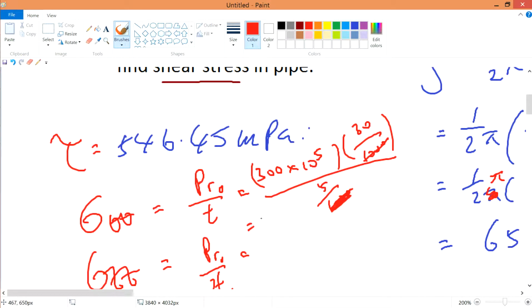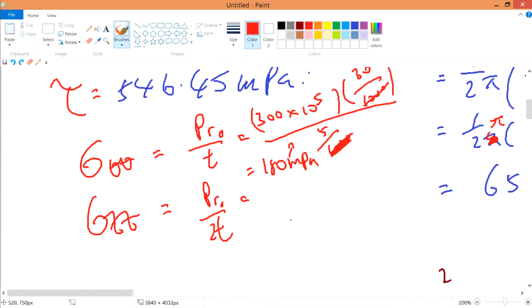What I have is actually 180 megapascal, meaning times 10 to the power of 6, so it's a huge number. Since this is divided by t, and this is divided by 2t, this one divided by 2 will give you your sigma zz. So I'm just taking 180 divided by 2, and I get 90 MPa.